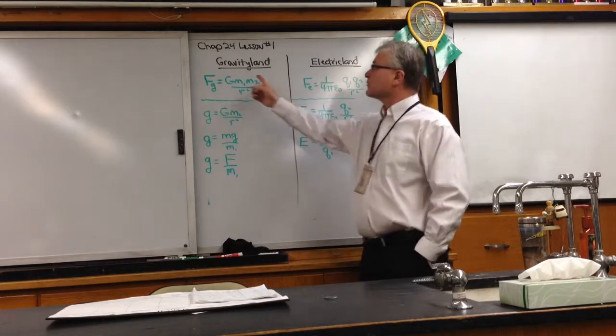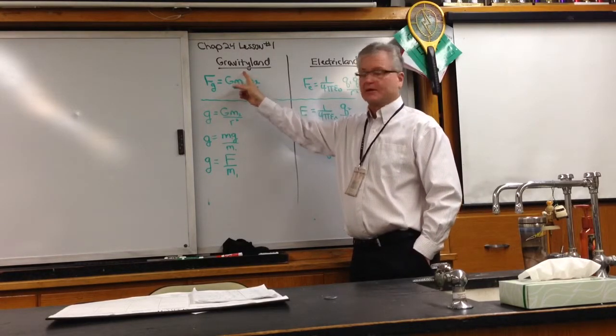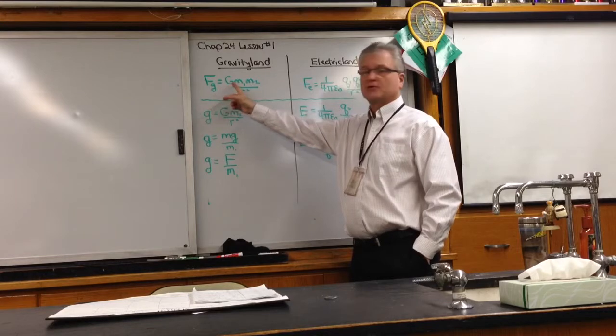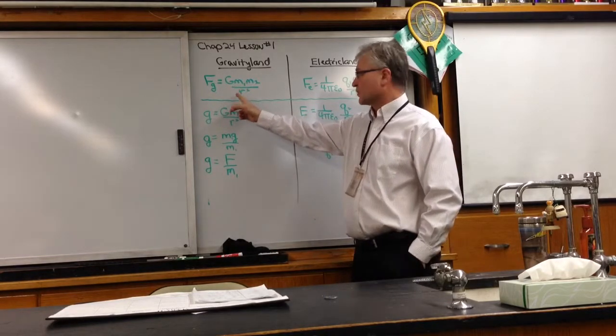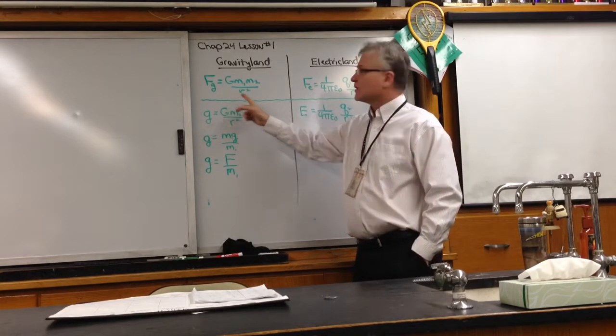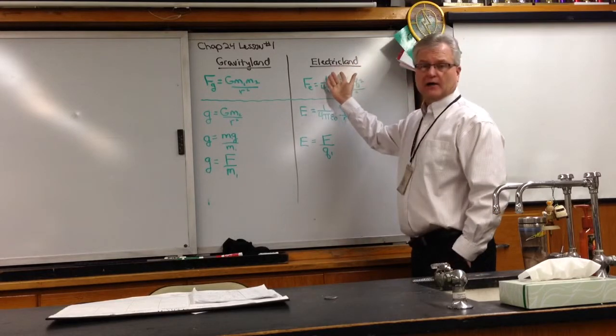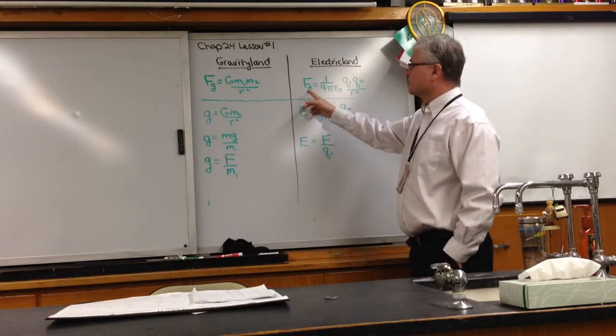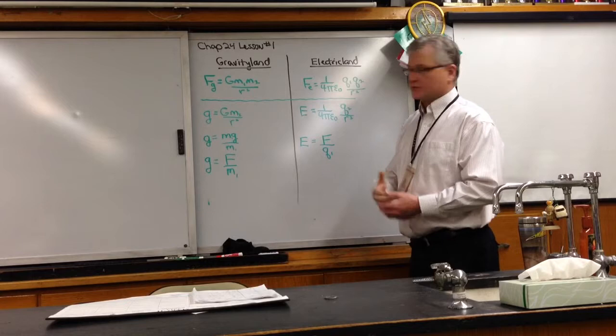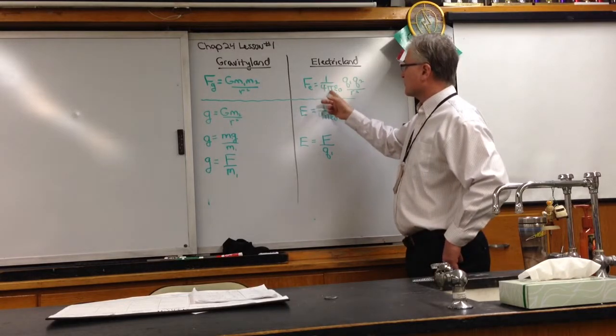All right, now we know if we think about things in terms of gravity, the force of gravity is equal to big G m1 m2 over r squared. Now in electric land, the electrical forces are 1 over 4 pi epsilon naught.